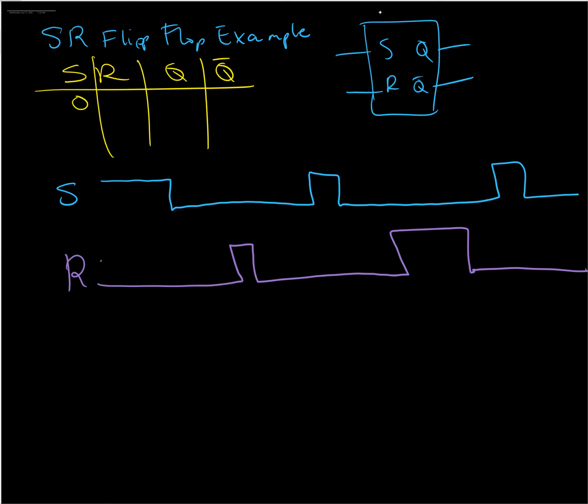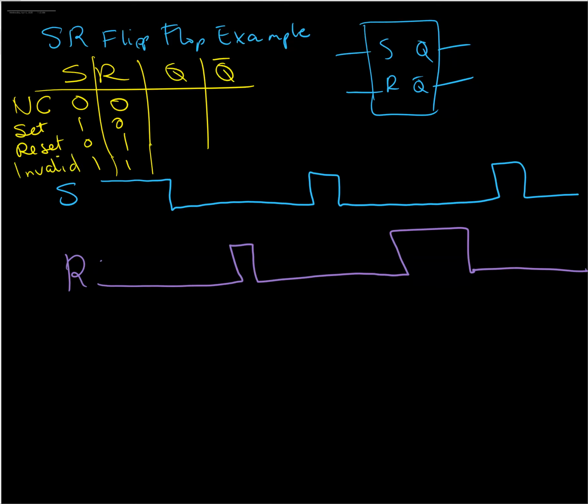So it's got S and R being 0, 0. I'll write it differently here. I'll go 1, 0, 0, 1, and 1, 1. We know these are the no change state, the set state, the reset state, and the invalid state.